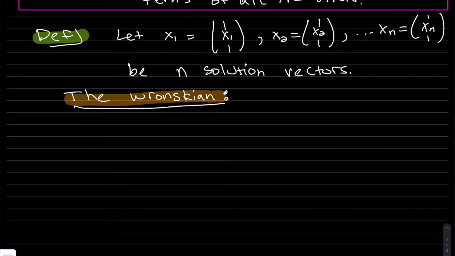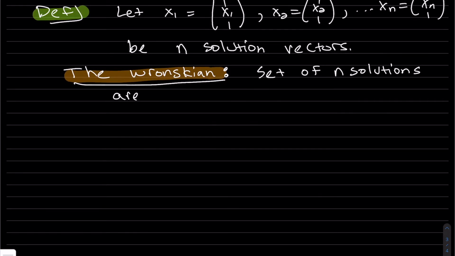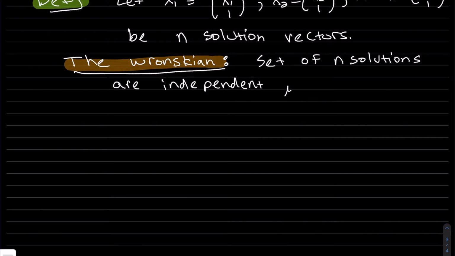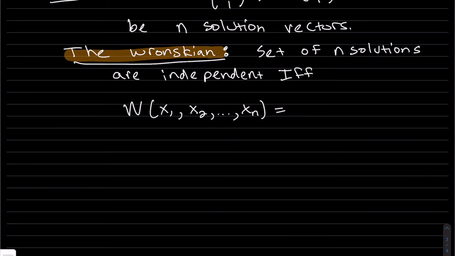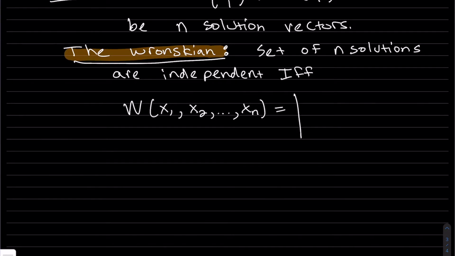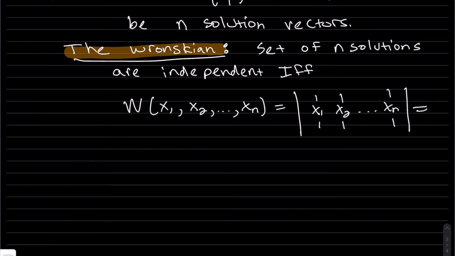The Wronskian: if you have a set of n solutions, column vectors, they are independent if and only if, let me write that a little bit neater, the Wronskian of these vectors, so before we did the Wronskian as functions, they're vectors now, is not equal to zero.